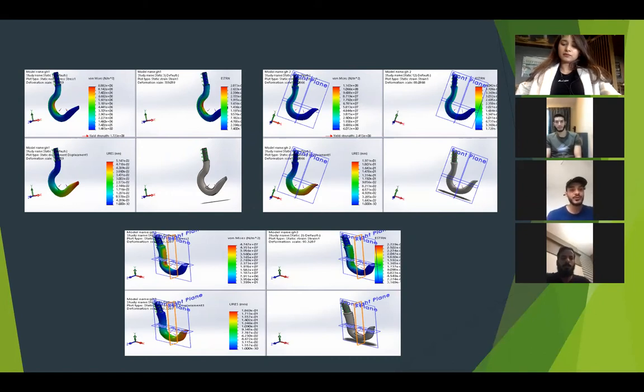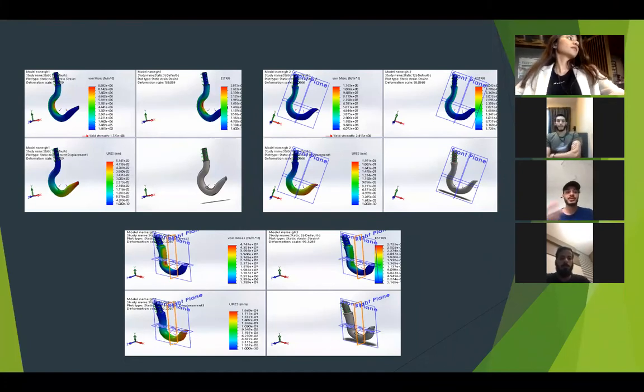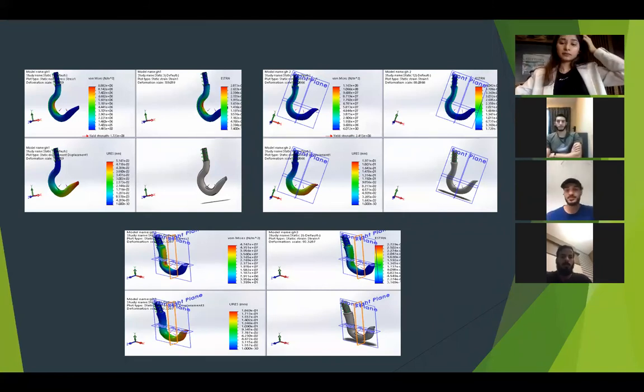So moving on to the models, this is model A, B, C. So you can see different stress, strain, and displacement in every model, because it's three designs with three different sizes.